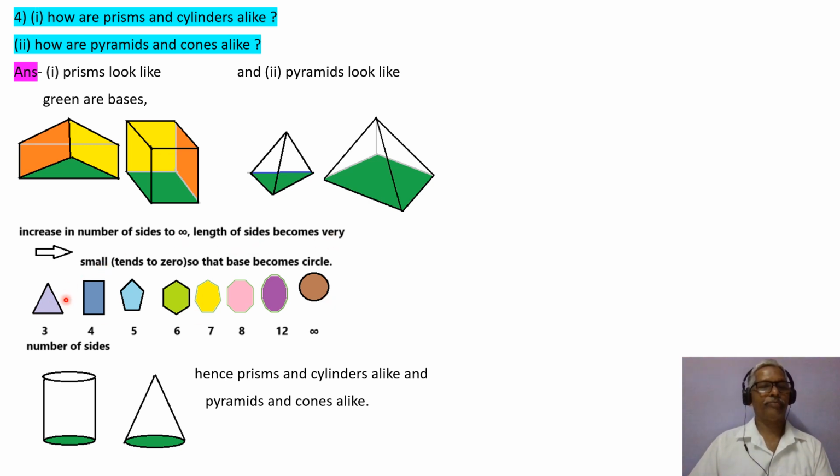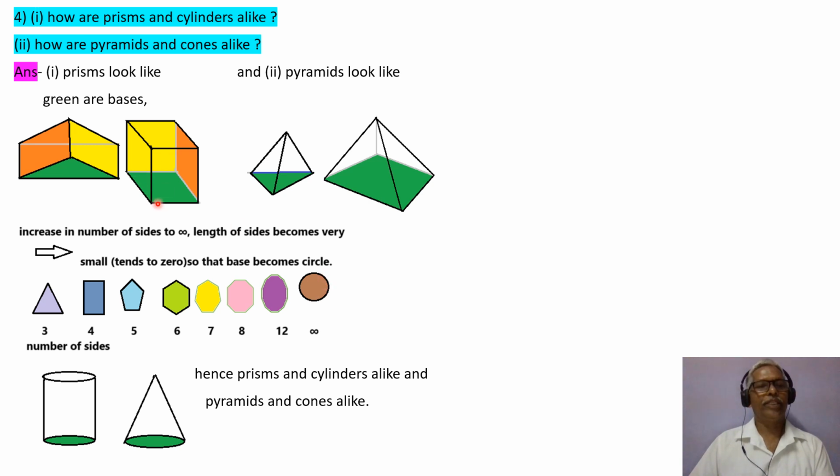Okay, so it is given here, base sides are 3, then if you increase this to 4, 5 or 6 and go on increasing like this, you can see how length decreases. Here it is this much, here it is very small. Okay, so like that, if you increase the number of sides to infinity, then length becomes very small, almost tending to 0. Okay, so that base becomes a circle, so that this becomes almost a circle.